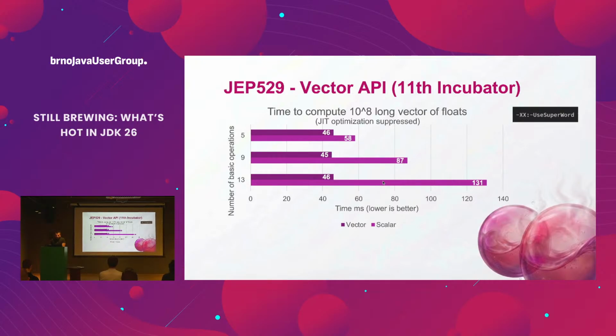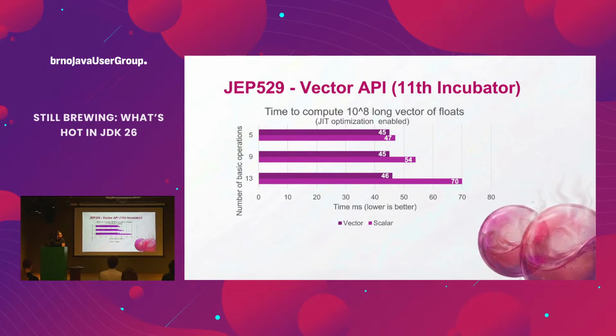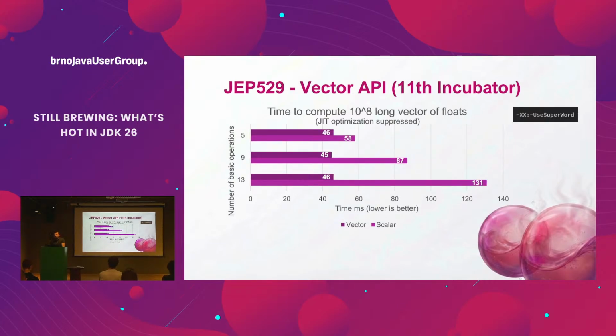And when we look in the graph where I did not suppress the JIT, there is still some difference, but not as much of a difference. And also it mainly works or is measurable in 10 to the power of 7 and higher long vectors, or number of values in vectors. So it can be quite beneficial if you code an engine in Java. It really depends on your use case. So keep that in mind.